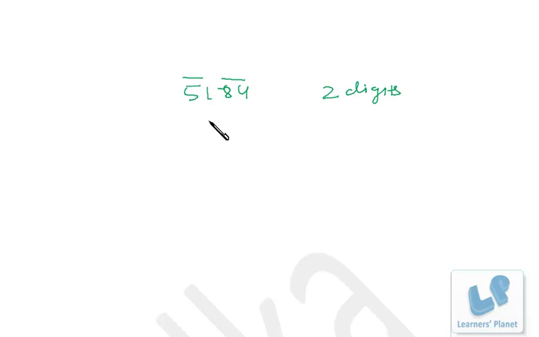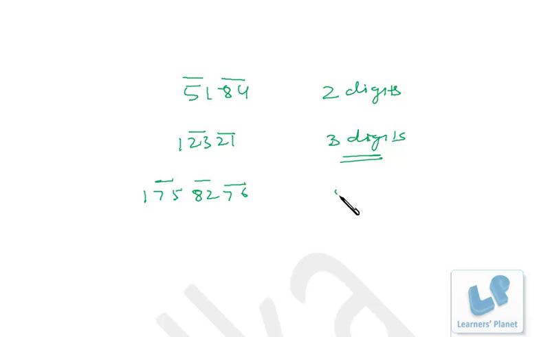Okay, similarly maybe, so here there are 2 pairs and 1 extra number, so the square root of this number will have 3 digits. Okay, similarly, so the square root will have 4 digits.